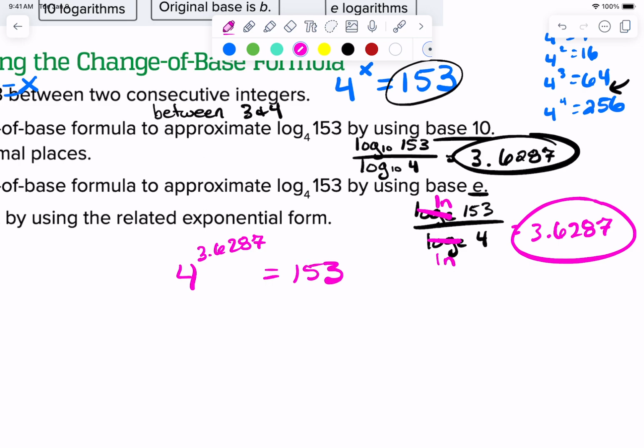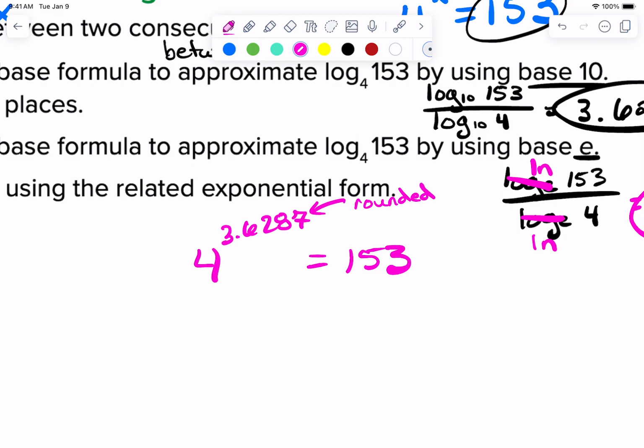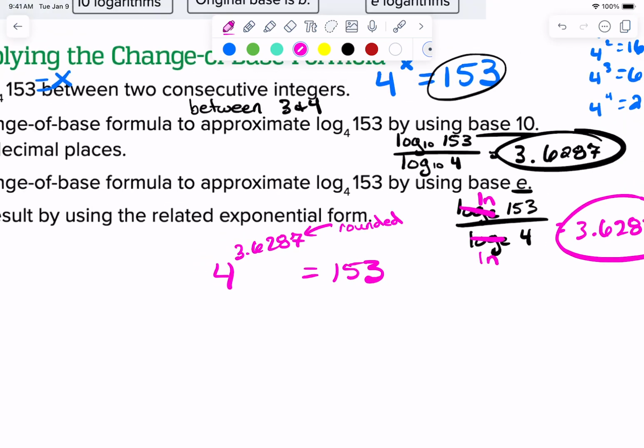If you type it in like that, you won't get 153 exactly, because the number is rounded to 4 decimal places, but it'll be awfully close. I put the whole thing in and got 152.99999. That's because we rounded it.